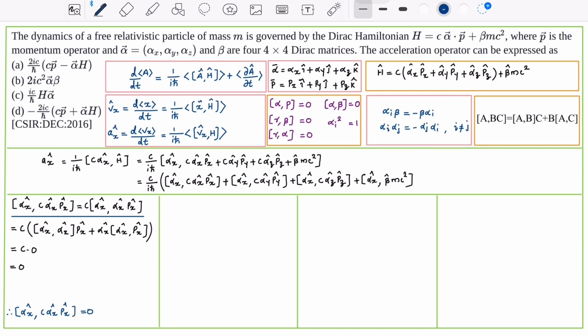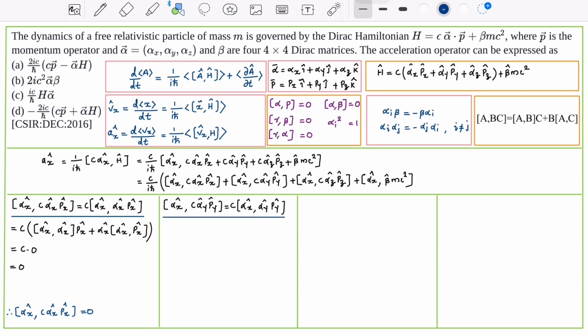Now let us consider the second term, that is the commutator of alpha x and c alpha y py. This is equal to c times the commutator of alpha x and alpha y py.